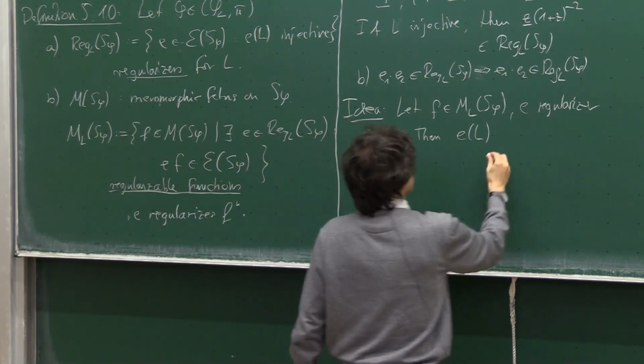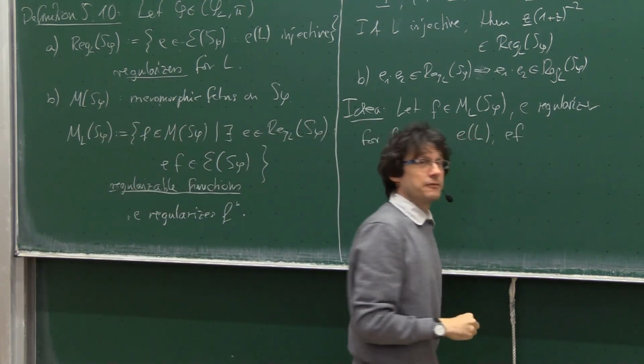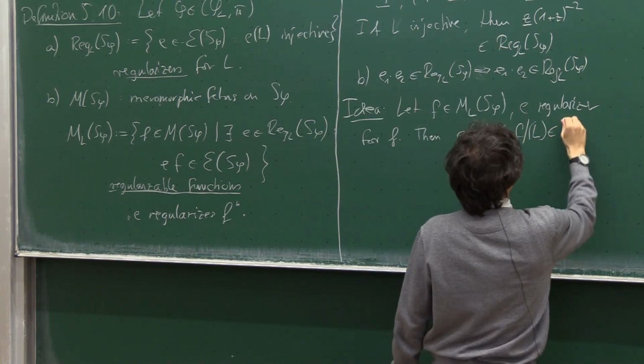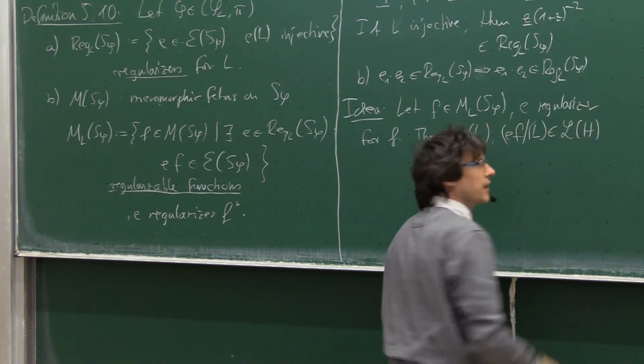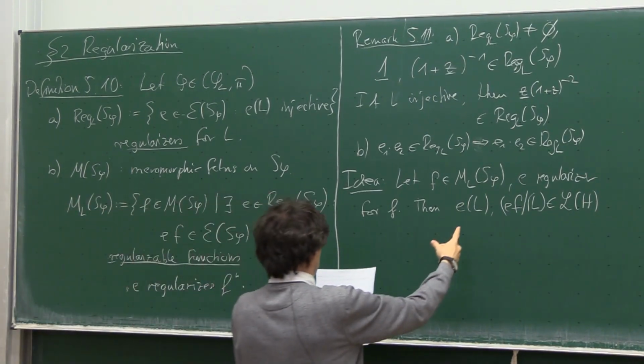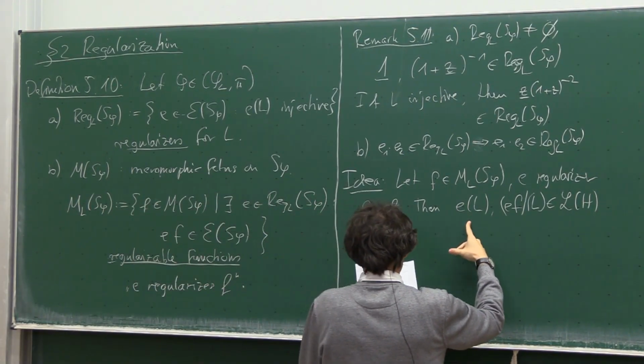E being a regularizer means that E times F is in the Dunford-Rees class, so E times F of L is also a nice bounded operator on H. And we know that this E of L is an injective one.